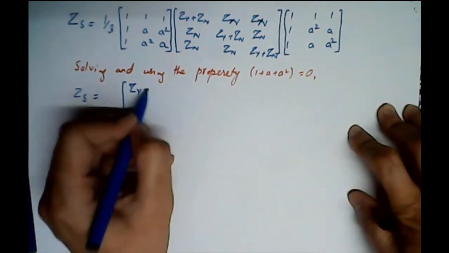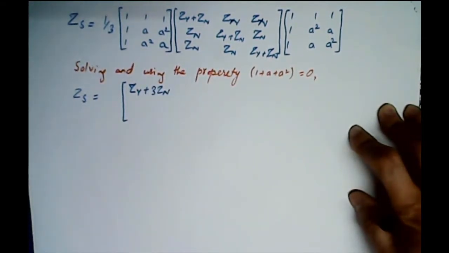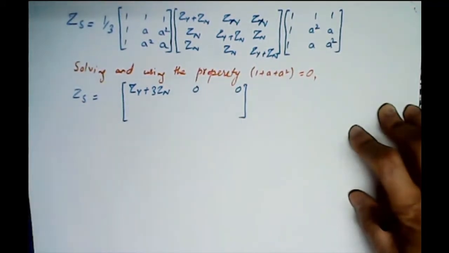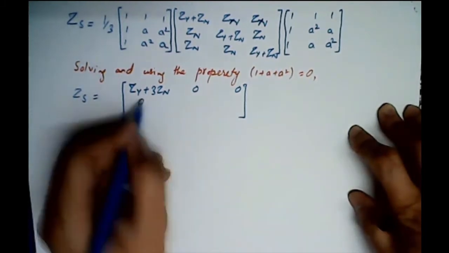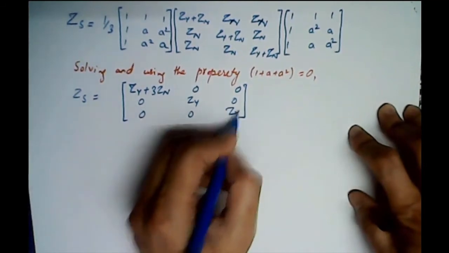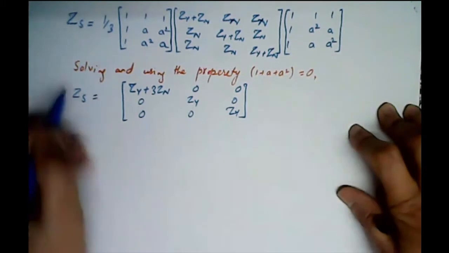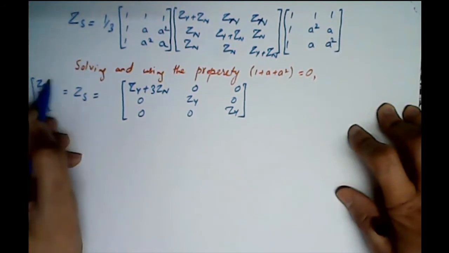Zy plus 3Zn, 0, 0, 0, Zy, 0, 0, 0, Zy. Now, this is another proof of what this Zs is. This is equal to Z0, Z1 and Z2, right?